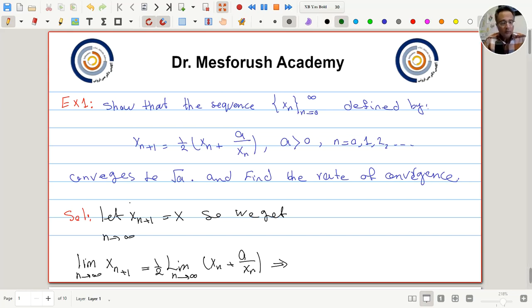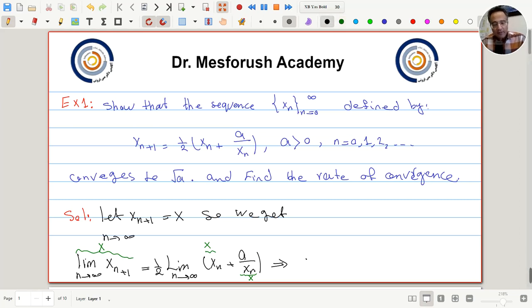Now, look at here. We assumed that this is x. So if we consider limit of x_n, n goes to infinity, this one will be x and also this one will be x when n goes to infinity.